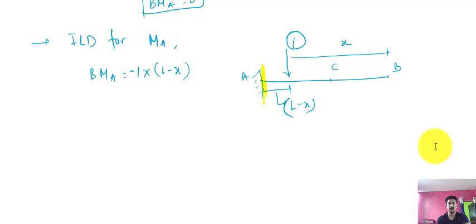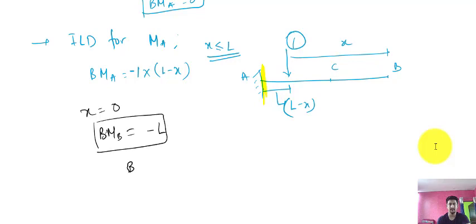Okay, so I have put the equation here, and this equation is valid when x is less than or equal to L. In that case put the value when x equal to 0. So bending moment at B point will be, put the value 0 here, that will be minus L. This is first.